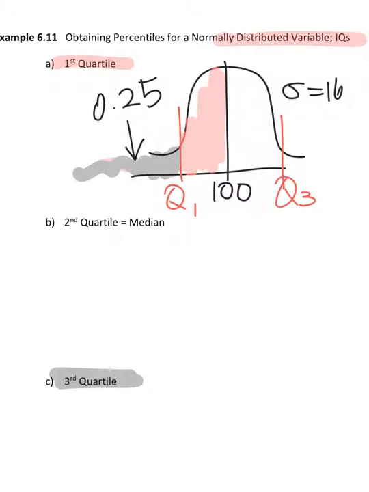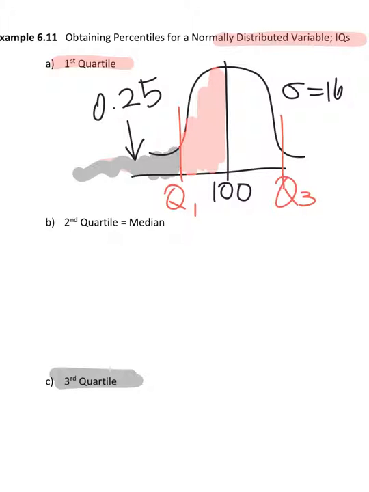Let me ask you another one. Who is the median now? We can expect the first quartile to the left, the third quartile to the right. Then who is the second quartile, the median? 100. Actually, 100 was the mean. Why is 100 the median as well?